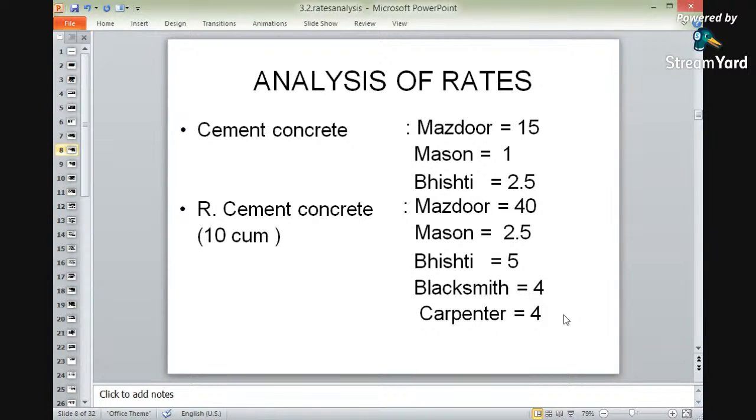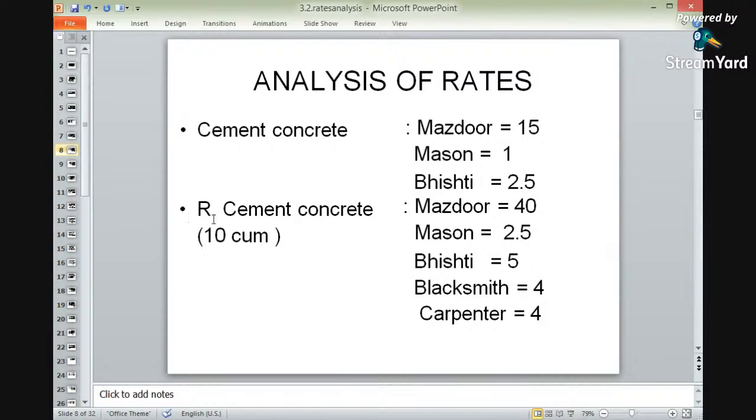Reinforced cement concrete, RCC stands for reinforced cement concrete, for 10 cubic meters. All these are for 10 cubic meters. Mazdoor required is 40, mason required is 2.5, bistri in this case for 10 cubic meters has been taken as 5. Blacksmith will also be required because we are having reinforcements, the bar bending.